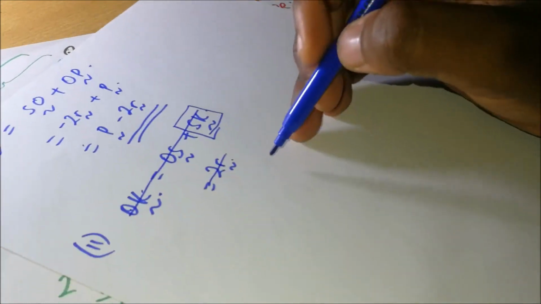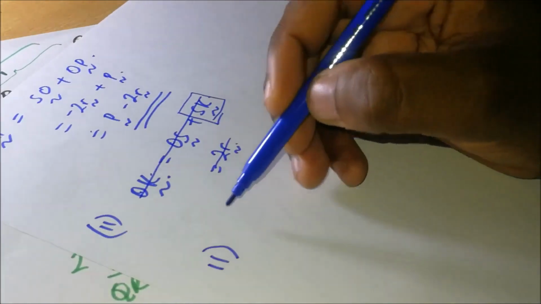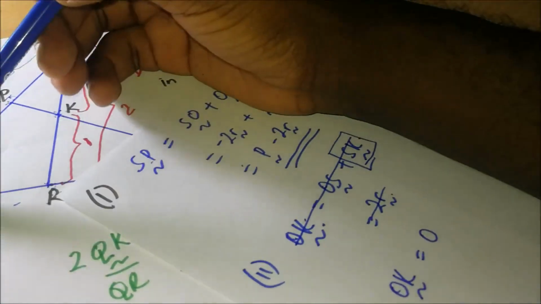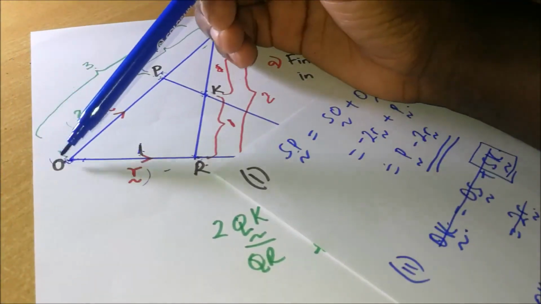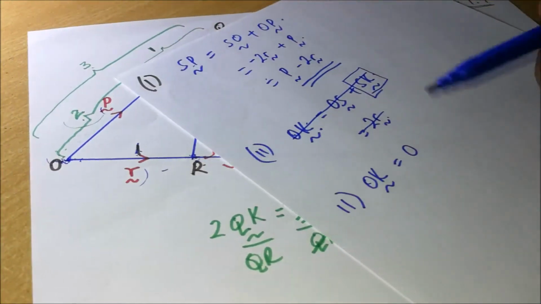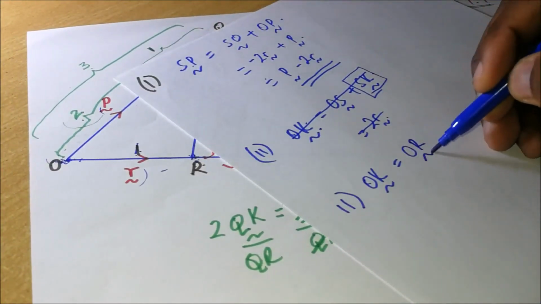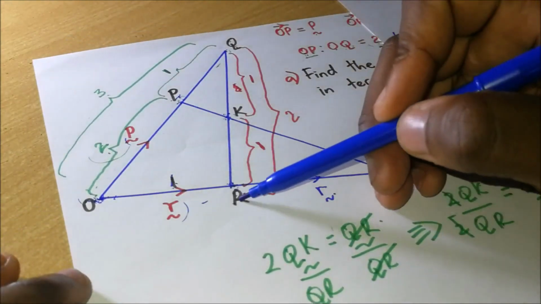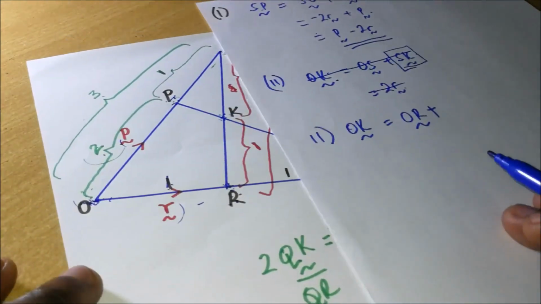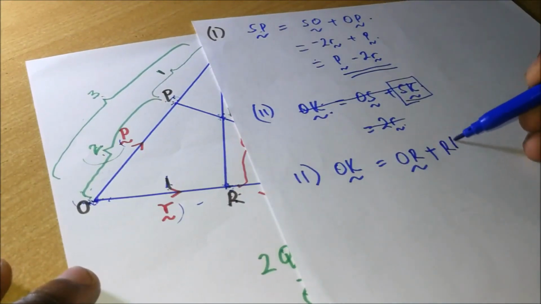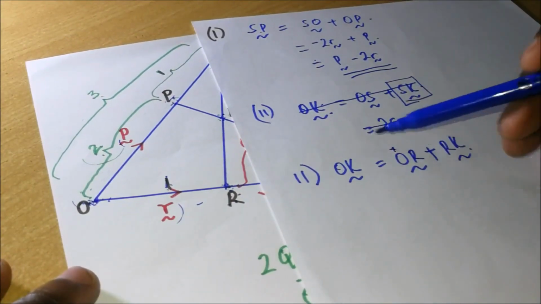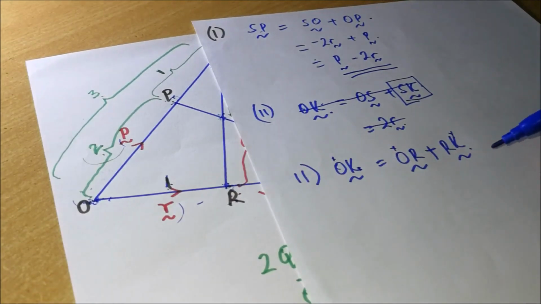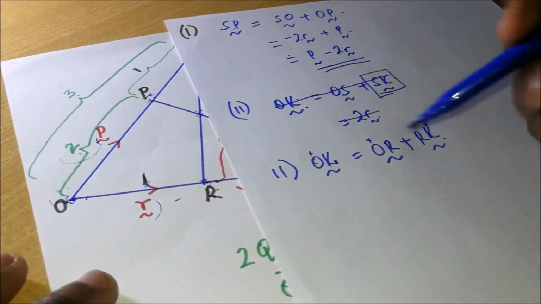I'll cancel this and say our Roman 2, OK, is given by moving from O to R, so I'll call this OR, plus, then I'll move from R to K. So I'll write plus RK. As long as the first letter is O and the last letter is K, the things in the middle are supposed to just be continuous.